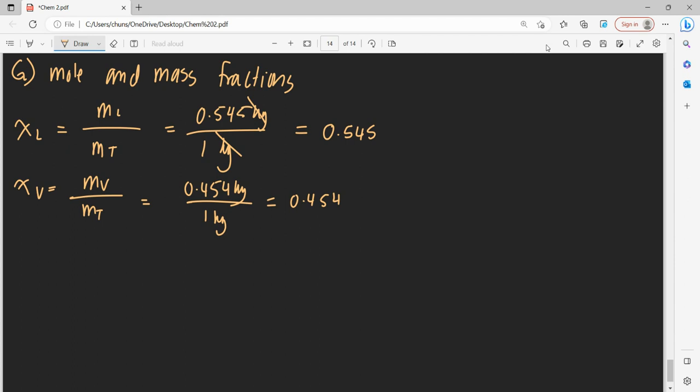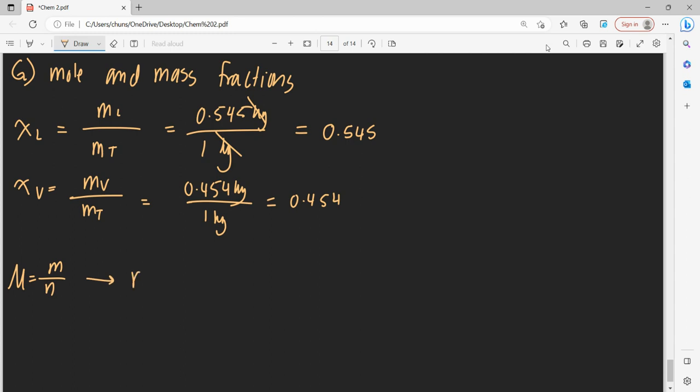And then for our mole fractions, for single component diagrams such as this one, we can just use our molar mass equation. Molar mass is equal to mass per moles.